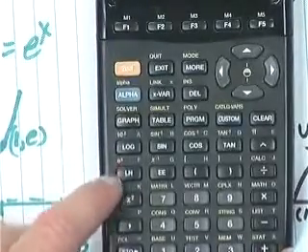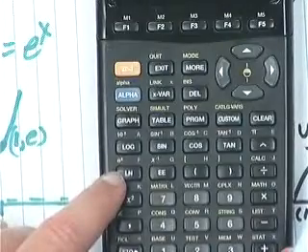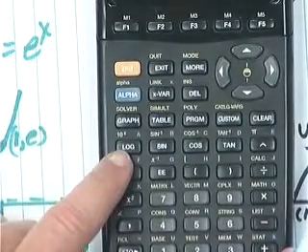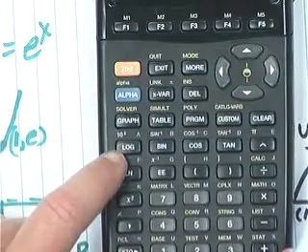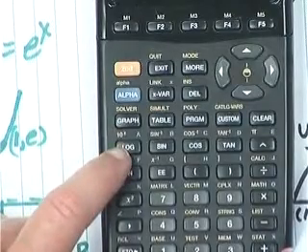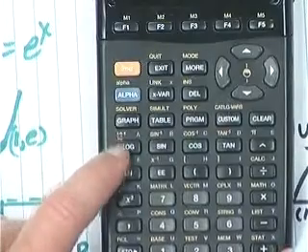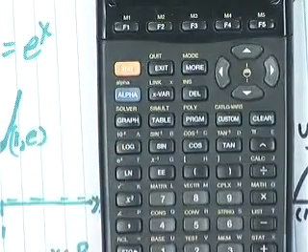That's because they're inverse functions of each other. Log, common log, and right above it is 10 to the x. So common log is base 10. Common log and 10 to the x, they're inverse functions of each other.